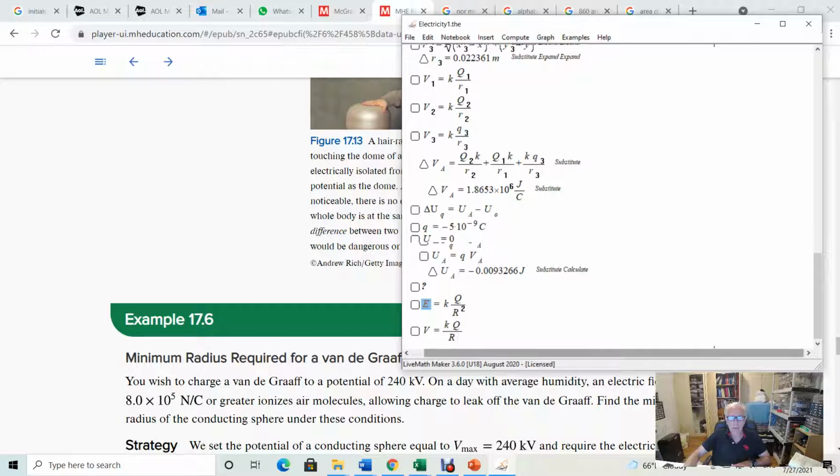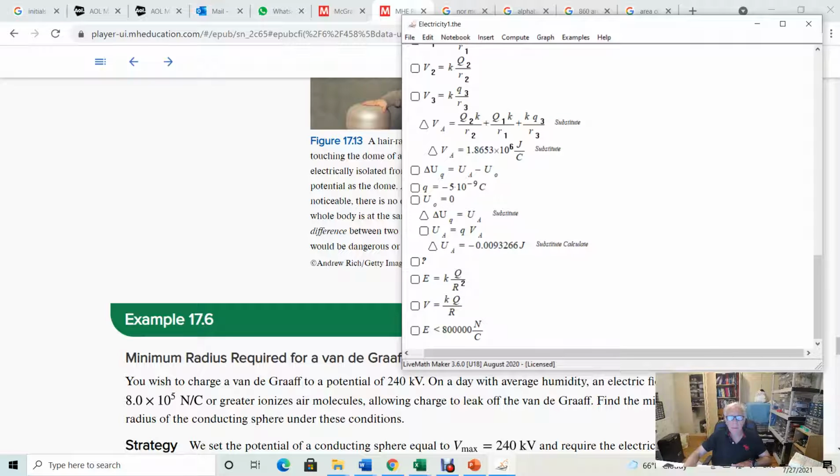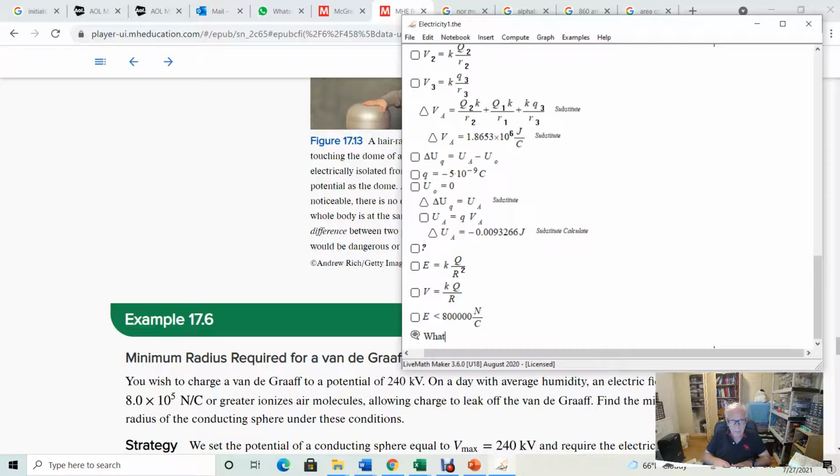What must be the radius to get that? We want E to be less than 800,000 newtons per Coulomb. What must be R? That's what he's asking. What should be R for this condition?